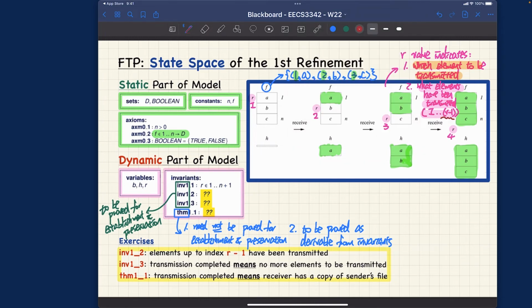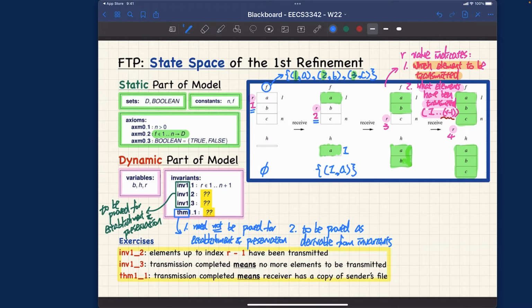Right? How does that help? Let's take a look. You can see here, when r is equal to 1, h is really just an empty set. And when r is equal to 2, h is basically index 1, right? We always start the indices with 1. It's basically just 1a.